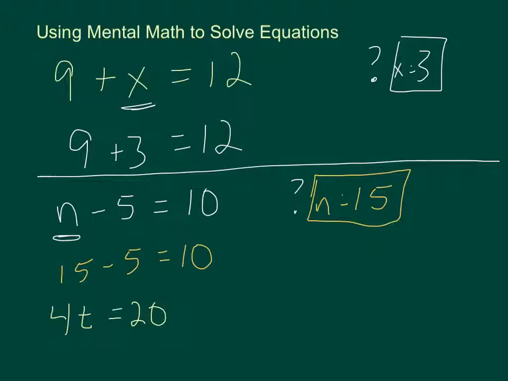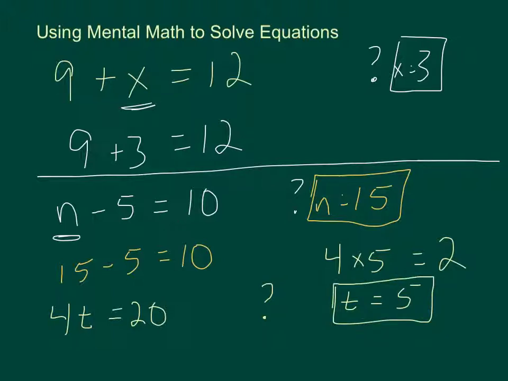My question to ask myself is, what number times 4 equals 20? Well, I know that 4 times 5 equals 20. So I can say that t equals 5, because 4 times t is 20 and 4 times 5 is 20. So t equals 5 is a solution to this equation.